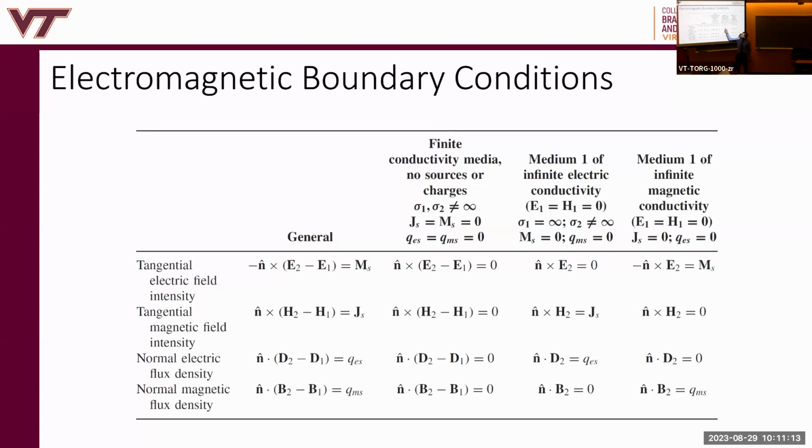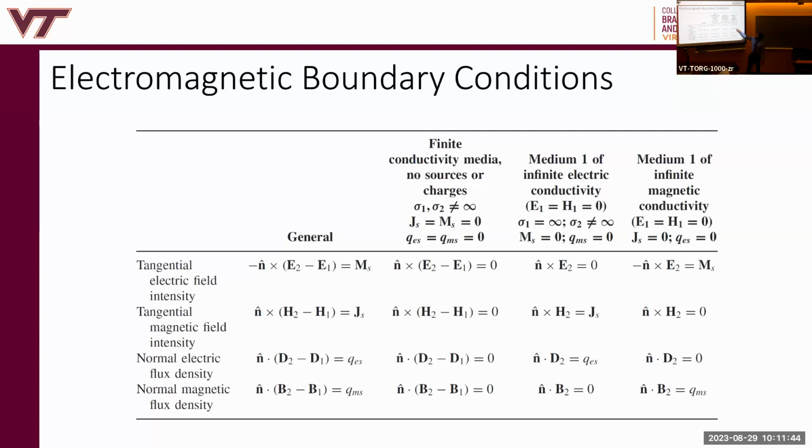Tangential E is zero because E1 is zero. There can be no tangential electric field, no electric field inside of a perfectly conducting material. We'll see that. There's a surface current density present, but it's only related to the magnetic field on the outside, on the free space side of the interface. The normal electric flux density component terminates on the charges on the metal, and there are no magnetic charges even in conductors.